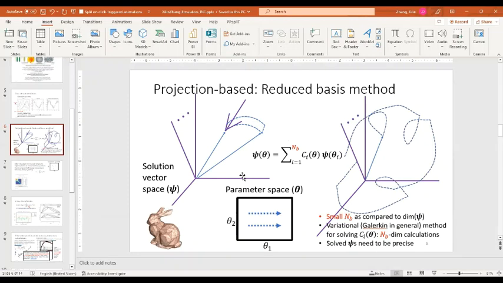What I can tell you is that the approach people take here is to sample as many points in the parameter space as you can. Then they look at the solution vectors, put them together, and do SVD, singular value decomposition, on the data matrix, to see whether the singular values, the relevance of the different solution vectors, go down as you add more terms.